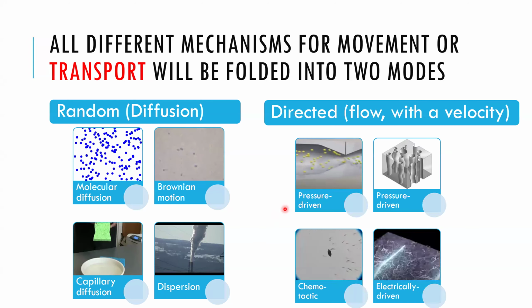And then the other group is directed. One group is random, other group is directed. Directed can be pressure driven in a tube, pressure driven in a porous medium, electrically driven, or chemotactic. These are just four examples. There are many, many examples.